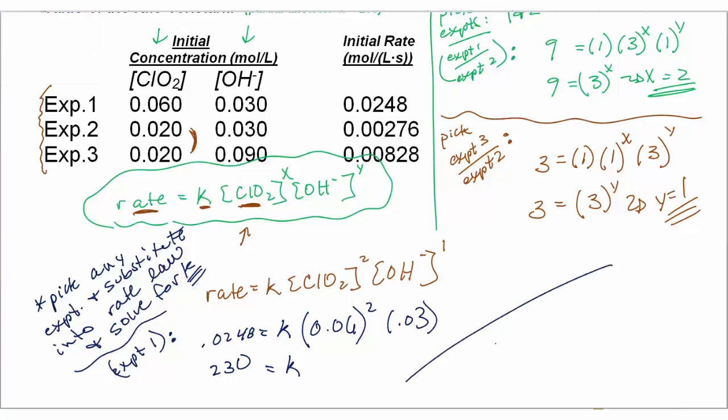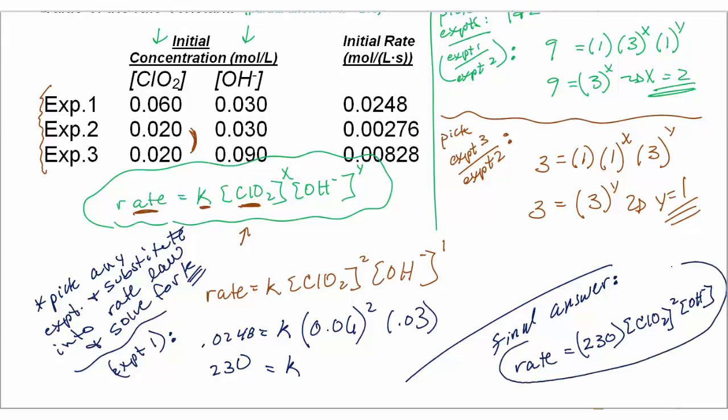The complete rate law in all its glory. Rate equals K, which is 230, concentration of chlorine dioxide raised to the second, hydroxide raised to the 1. And you can write a 1 there or just leave it blank. There's my answer.